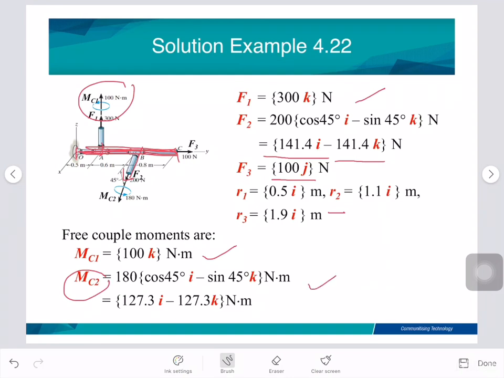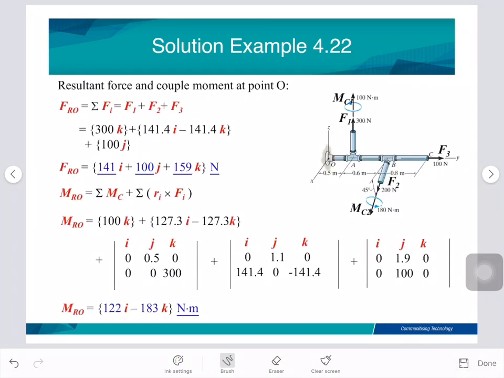So you can put it into the matrix. The first one is the force resultant, and we have this one: 141I plus 100K plus 159K.